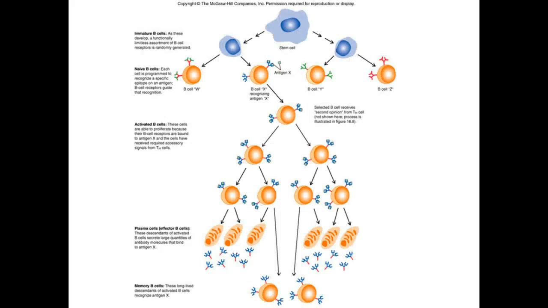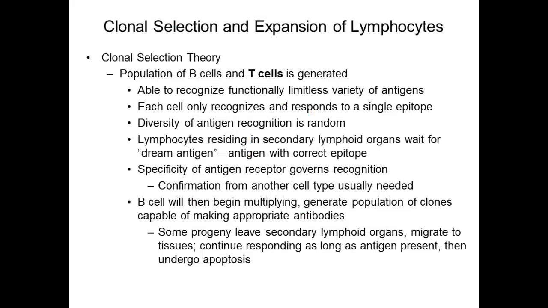So actually I want to go back up to this original slide that I kind of skimmed over earlier. B cells and T cells, although we focused on the B cells in the animation and in our discussion so far, this is true for T cells as well. They're going to have their own specific T cell receptor, and they have to be activated, except they communicate, remember, with antigen presenting cells, not with antigen directly.